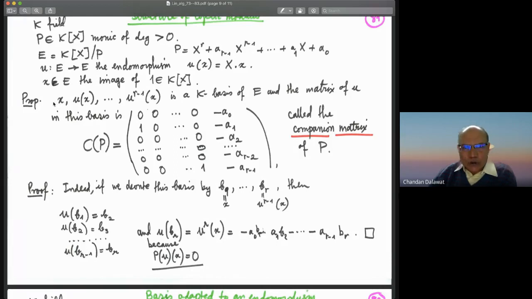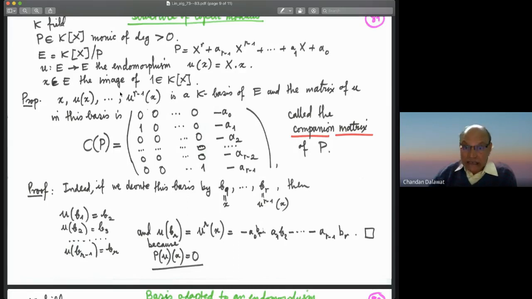This can be written as U^0(x), U^1(x), all the way up to U^(r-1)(x). These r vectors form a K basis of E, and the matrix of U in this basis, U is after all an endomorphism, so it has a matrix in any basis of the vector space.